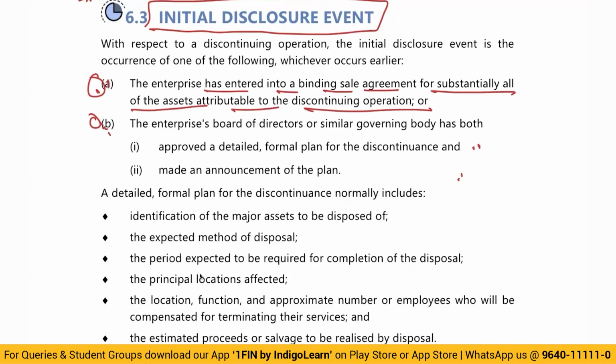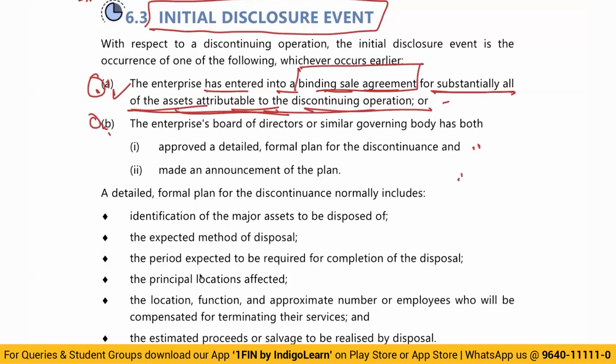If I have agreed with someone that I'll sell off this particular asset or sell off this particular component, then that is a discontinuing operation. So here the key term is binding sale agreement for substantially all of the assets attributable to the discontinuing operation. Agreement means the other party has also agreed. We have also agreed. We have decided that we will sell off the thing.